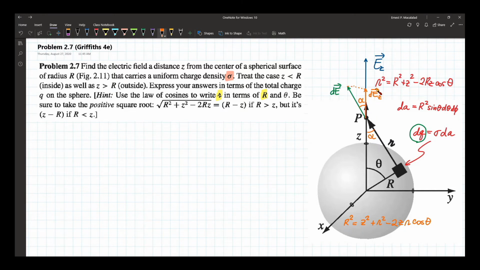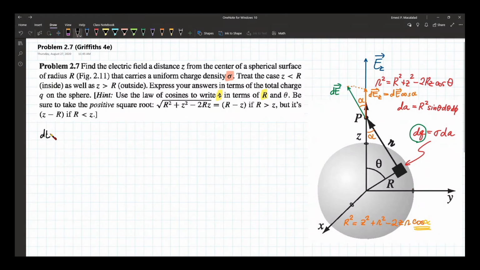Because remember that dEz is dE cosine alpha. Sorry, this should be alpha. So we're going to use this cosine alpha to express dEz in terms of z, script r, and R.